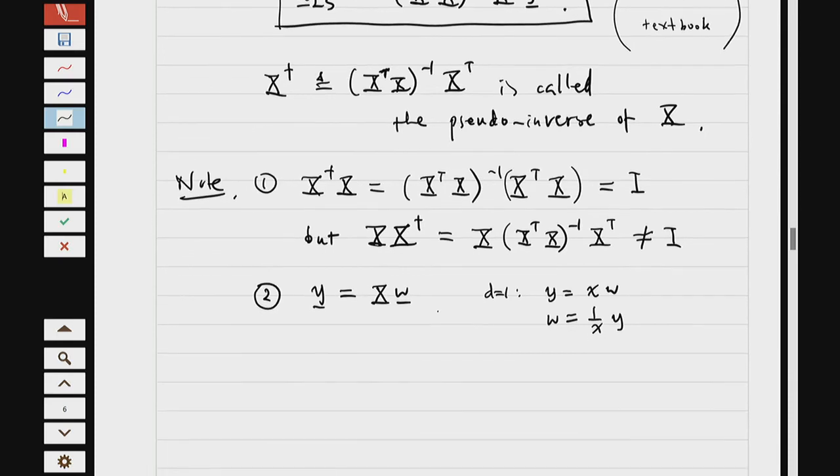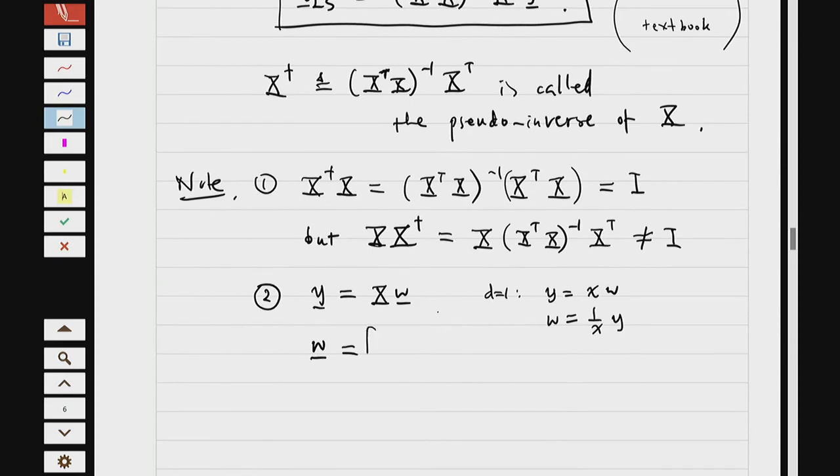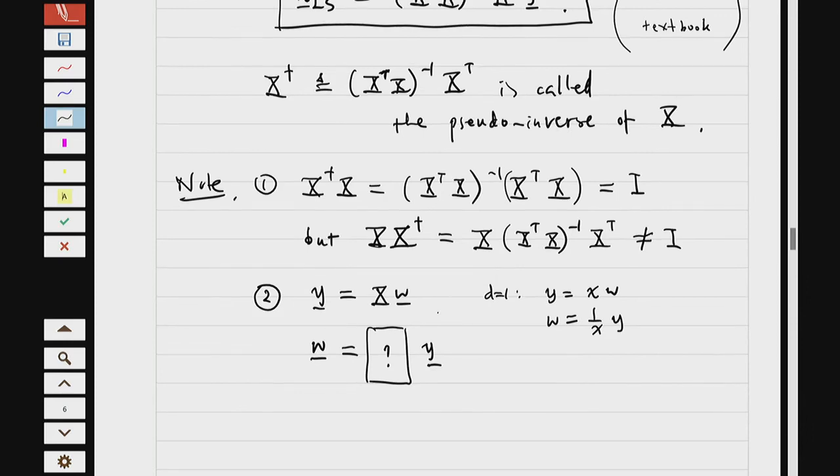So in general, we want something multiplying y to get W, just by simple algebra rules, inspired by the one-dimensional case, where we get the inverse of x. But in general, our X is not invertible.